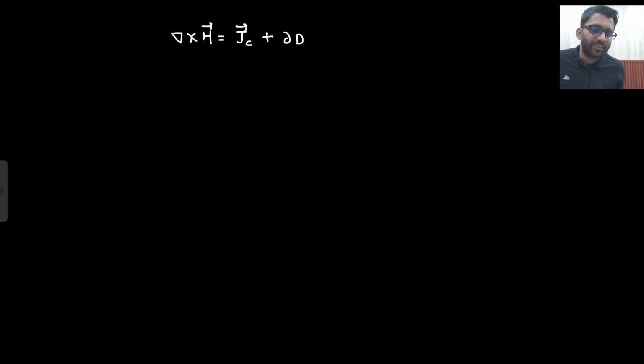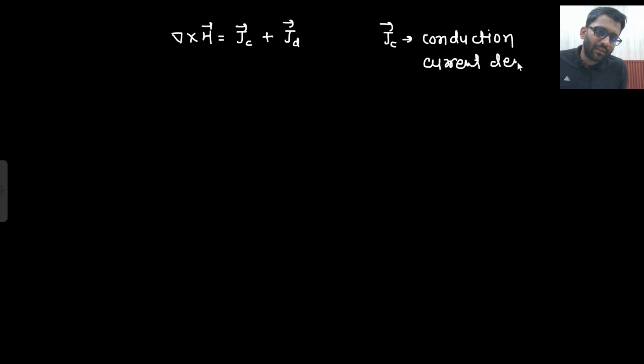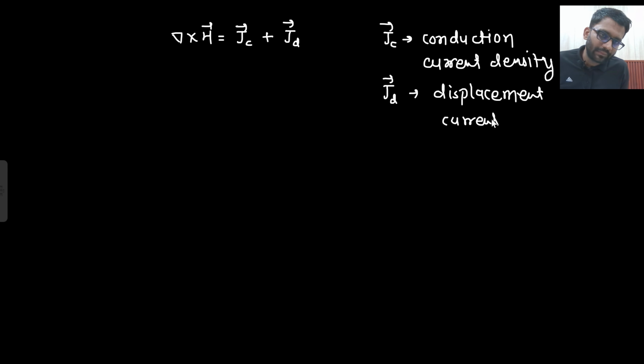That it is equal to JC plus JD, where JC is the conduction current density, and JD is known as the displacement current density. So this is your del cross H.